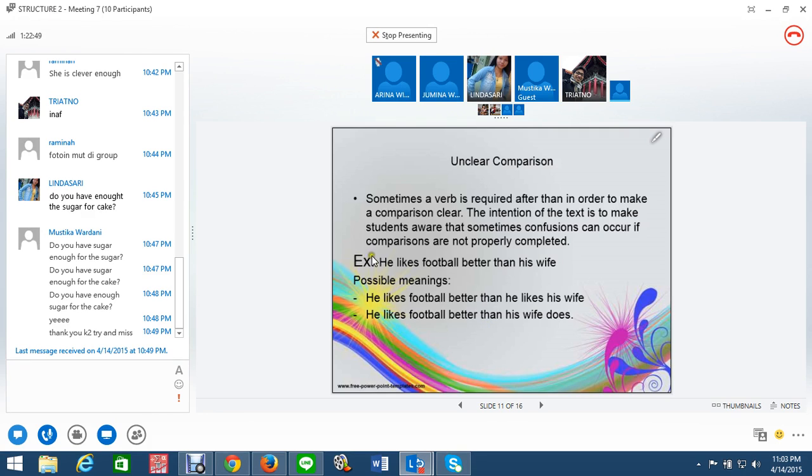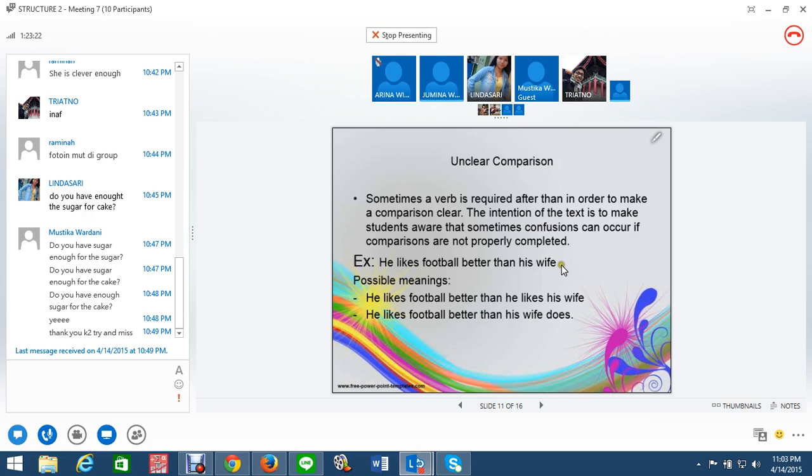Jadi this sentence is called unclear comparison. Unclear, it means tidak jelas. So perbandingannya tidak jelas. How come? He likes football better than his wife, right? And from this sentence there are two possible meanings. The first is he likes football better than he likes his wife, and the second is he likes football better than his wife does.